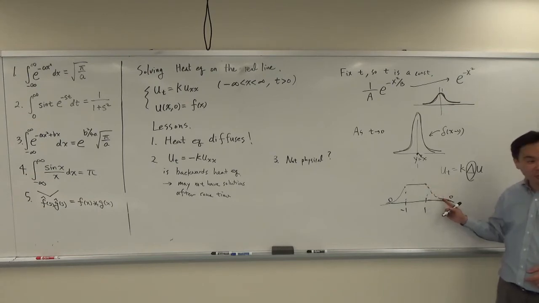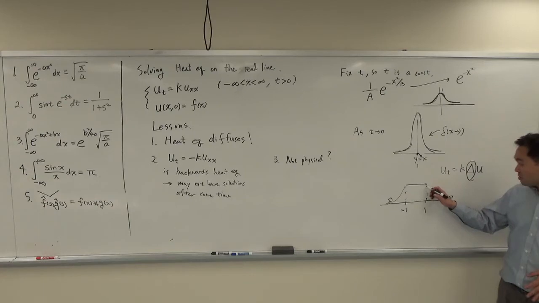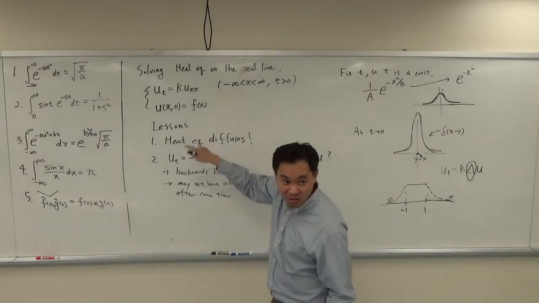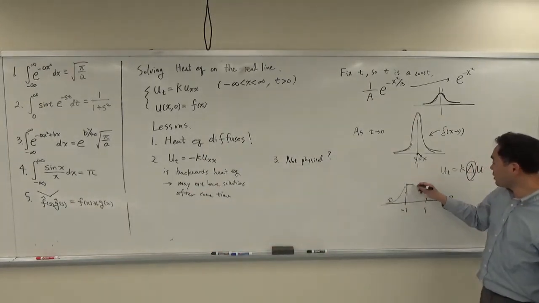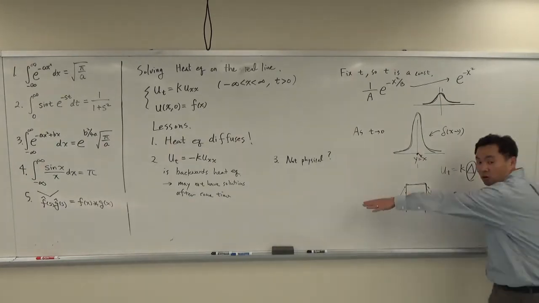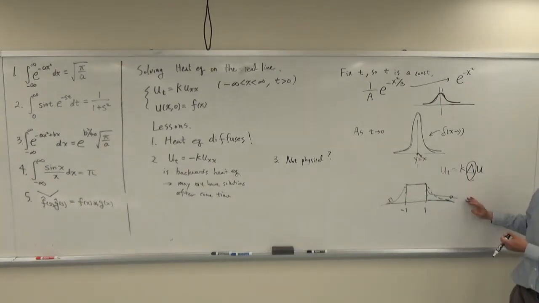So if something diffuses, information can only travel with the speed of light. That's the max, right? So there's something strange going on here. The moment you turn this heat equation on, initial values confined to here will give you some non-zero value all the way across, even beyond the speed of light. So that's some non-physical thing that's happening.